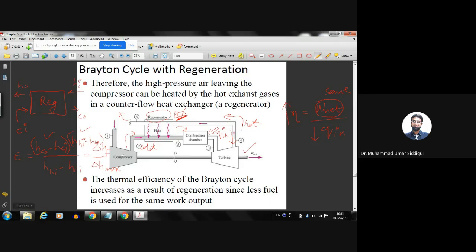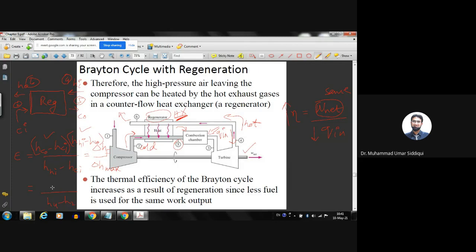Suppose we look at this problem, where we have 4 state points. The cold stream going in is state point 2, the cold stream going out is state point 5, hot coming in is state point 4, and hot going out is state point 6. So the efficiency, in the denominator, should be hot in minus cold in, so it will be H4 minus H2.